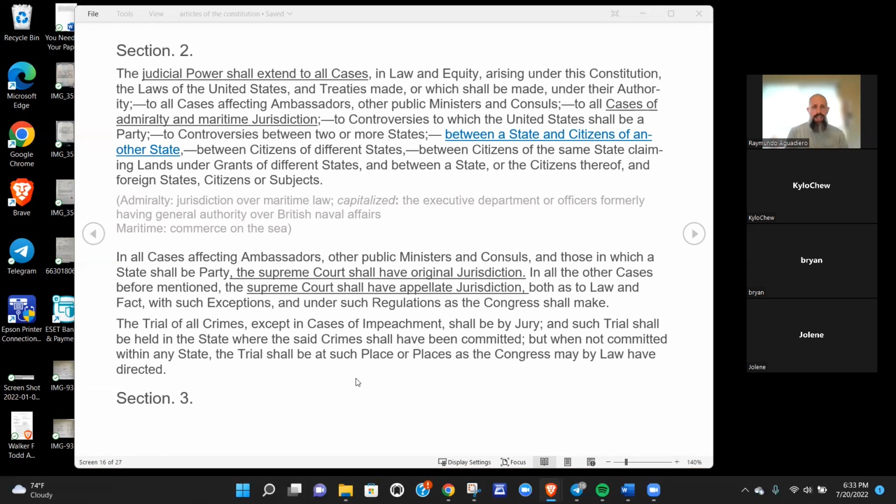So all criminal cases shall be by jury, unless you decide to give up your constitutional right and take a plea deal. What's weird too is that it's a crime to convince somebody out of their right. It's a crime to extort somebody from something they already have and act as if they have to do something to get it.